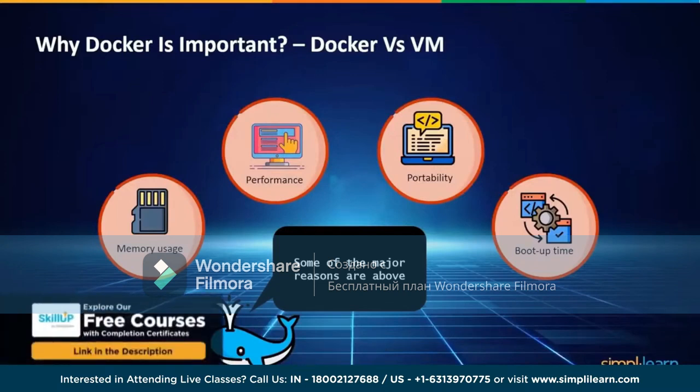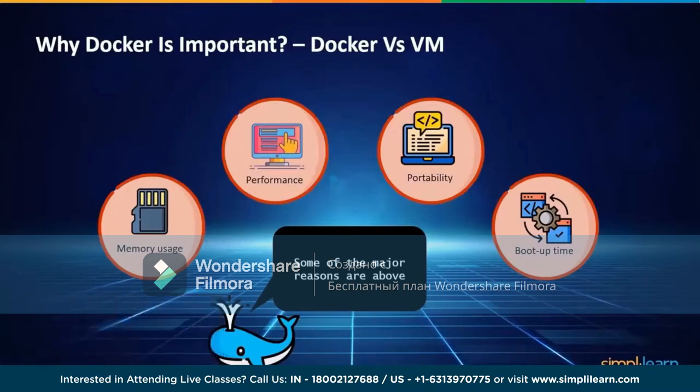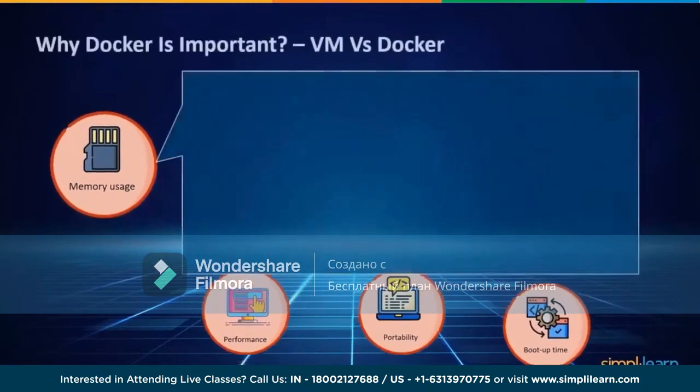And the last one is boot up time. Virtual machine boot up time is probably in minutes, but in case of Docker it's in seconds. So if we summarize, the memory utilization, the boot up time, and the performance are all better in case of Docker as compared to virtual machines.